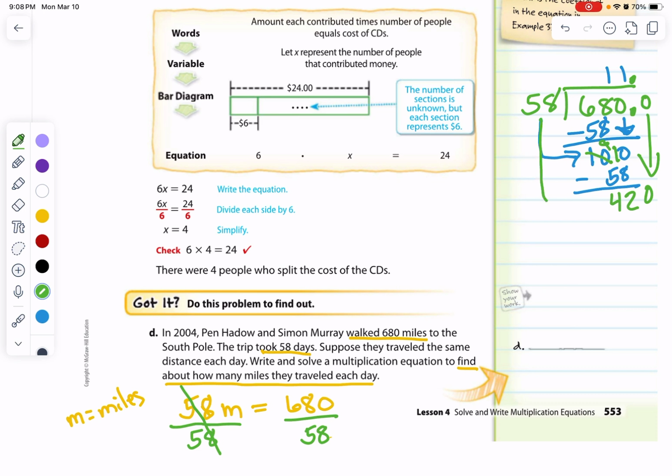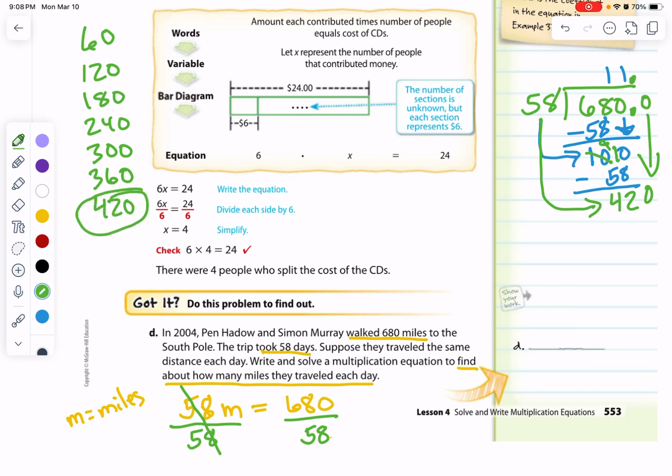So 58 into 420. I think I will skip count by 60s because that's close to 58. So 60, 2 times 6 is 12, 3 times 6 is 18, 4 times 6 is 24, 5 times 6 is 30, 6 times 6 is 36, 7 times 6 is 42.